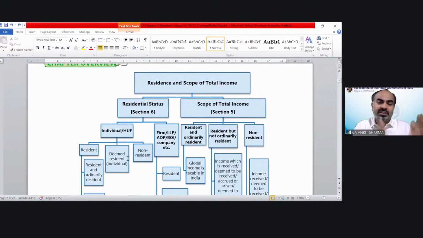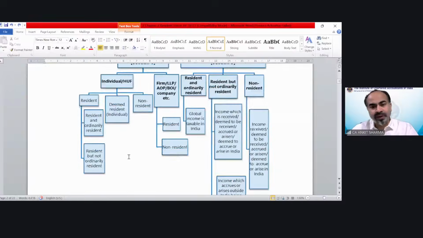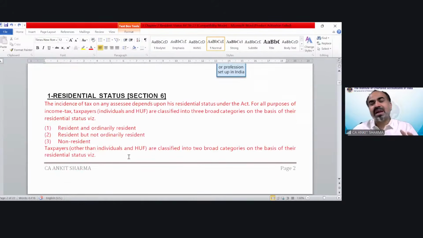In the residential status part, we will find out whether you are a resident or not, and how it's going to impact your taxability. That is going to be discussed in scope of total income, which we will go through later. So the first part is to find out the residential status of a person. One by one, we are going to discuss it.